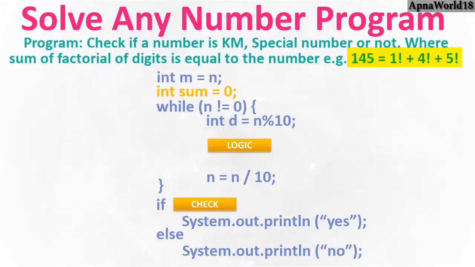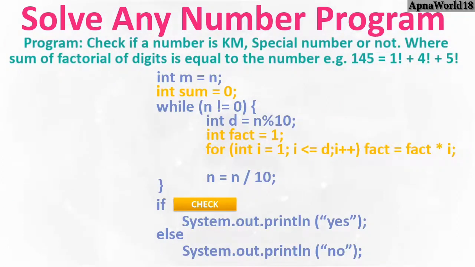I hope you are familiar with the factorial program. It is also explained in my for loop video. What we do is we initialize a variable fact to 1 which will store our factorial. Make sure that this initialization is inside the logic section only. Then run a loop from 1 to d, which is the digit for which the factorial is to be found. Inside the loop, we will just do fact is equal to fact multiplied by i.